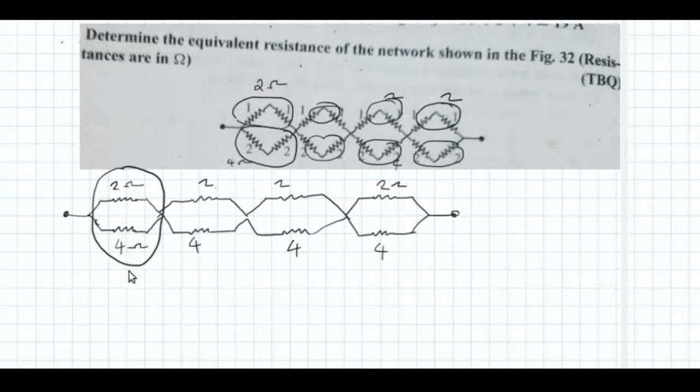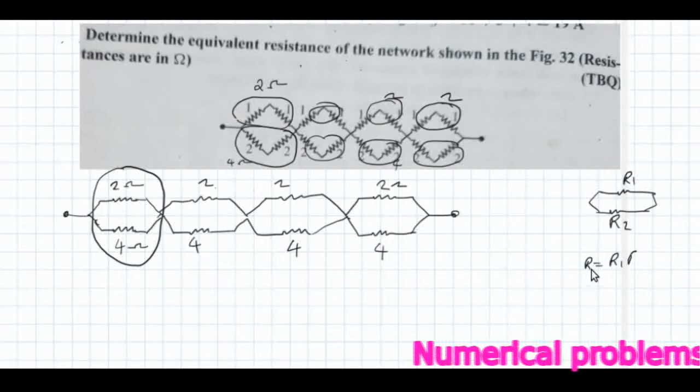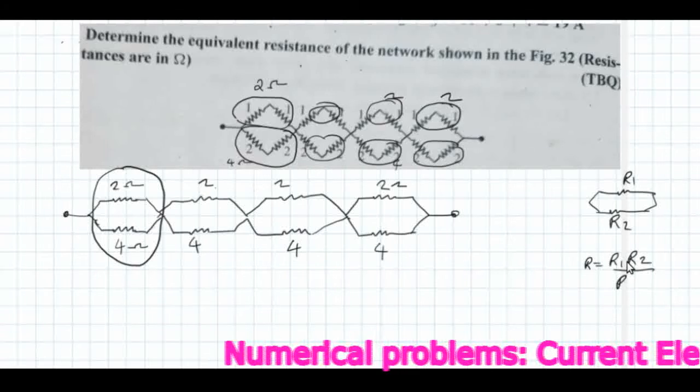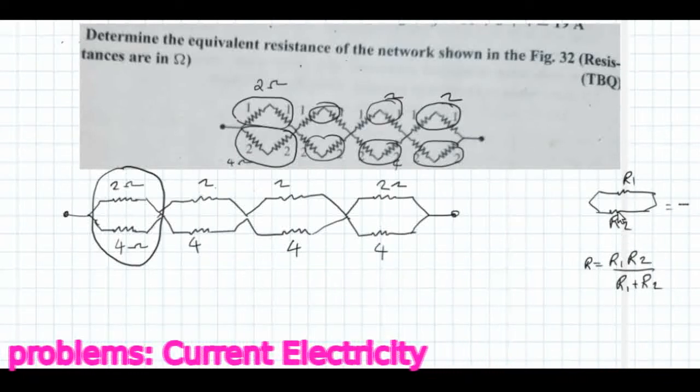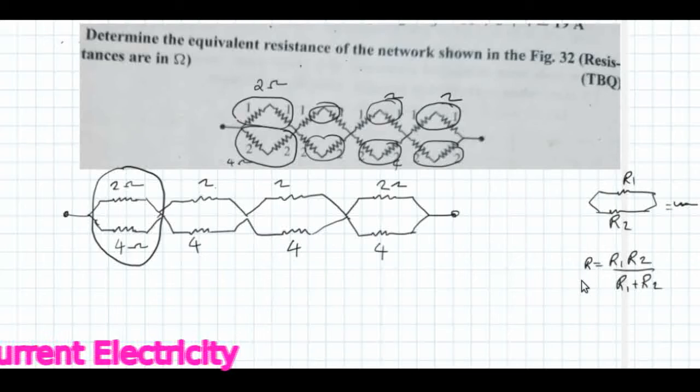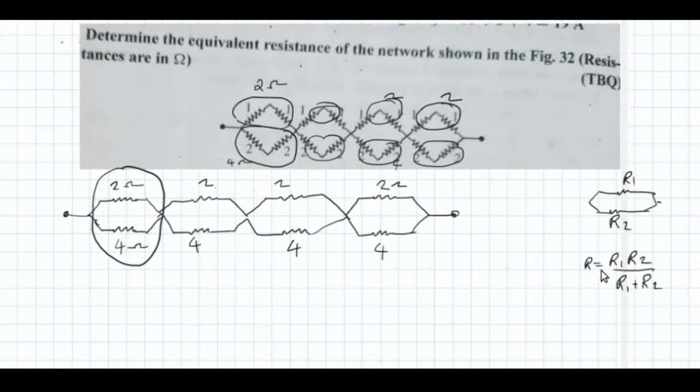So again, we may find the effective resistance for these two, and we know when two resistors R1 and R2 are in parallel, then the net resistance R is equal to R1 R2 divided by R1 plus R2. So this way we can redraw this part.